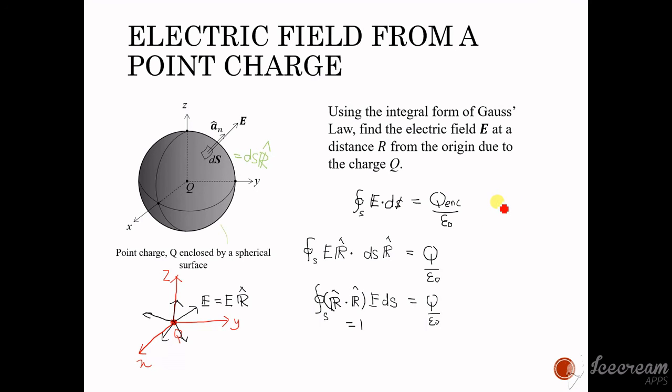Let me write it here as a note: the magnitudes are 1, times cos 0, because they are parallel to each other. So this is 1, this is 1, this is 1. Let's go back to the calculation. We have the integral of E ds equal to Q over epsilon 0.